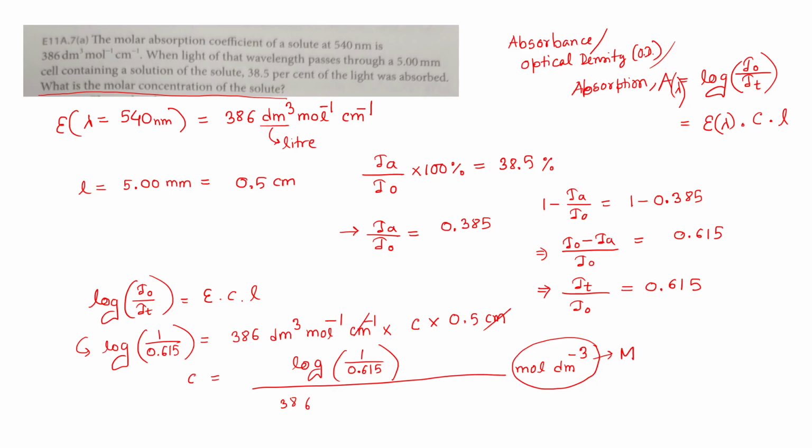Actually I have already solved this, so I will give you the value that we are going to get: 1.094 into 10 to the power minus 3 molar, or you can say mole decimeter minus 3, and this is actually nothing but 1.1 millimolar, or you can say 1.1 millimole decimeter minus 3, right, something like this.